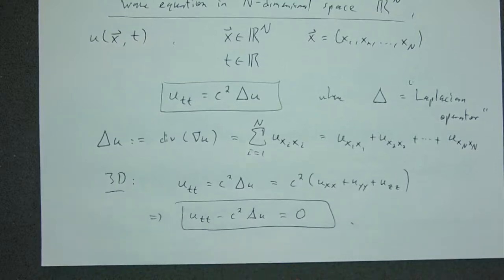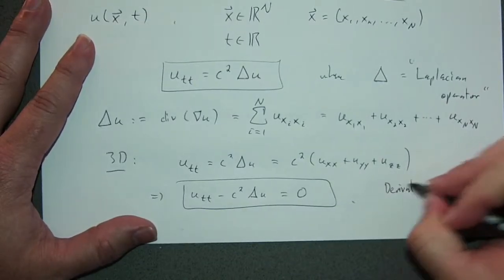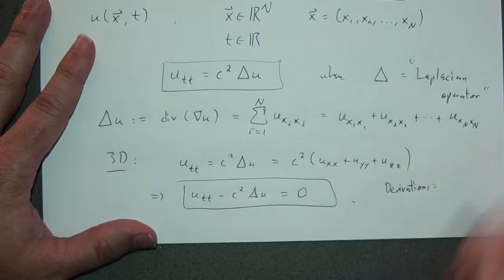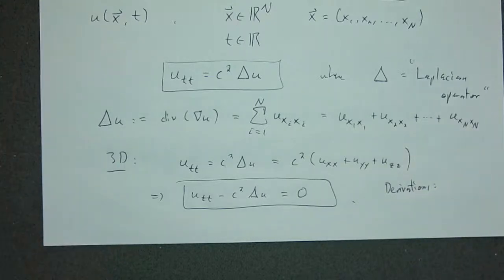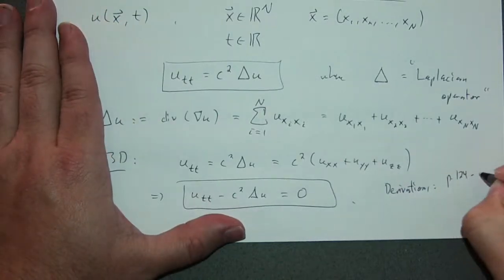If you want to see derivations of this, what pages can you have a go at? You can derive it from Maxwell's equations. This is page 124, 125 in the textbook.